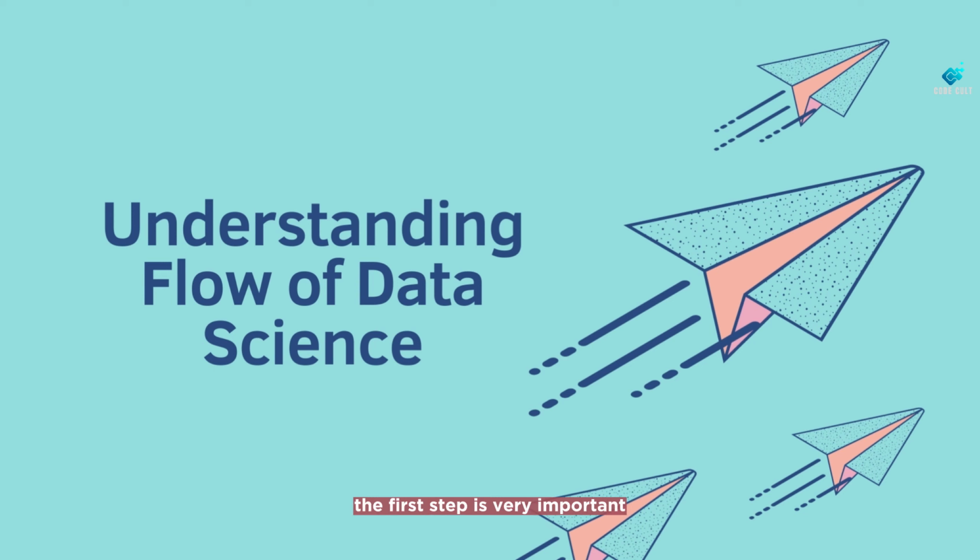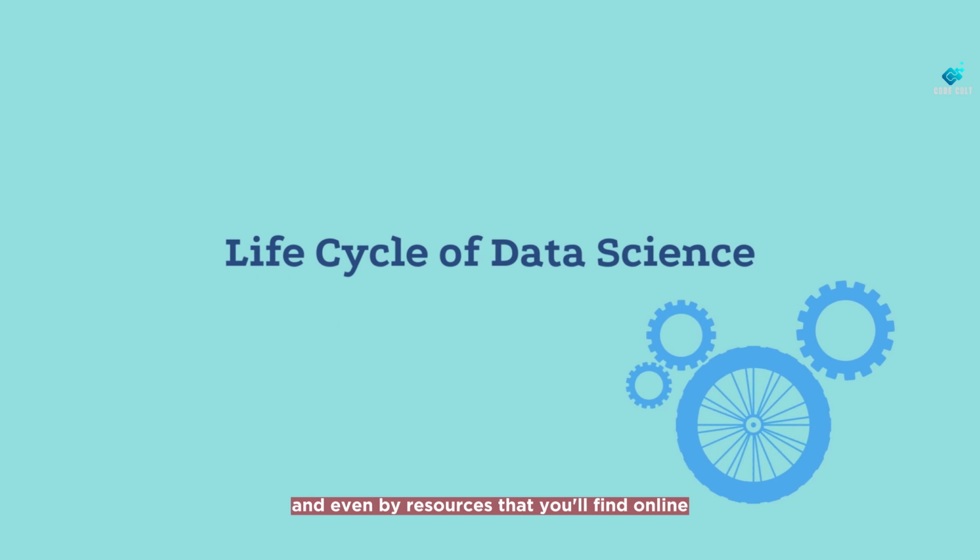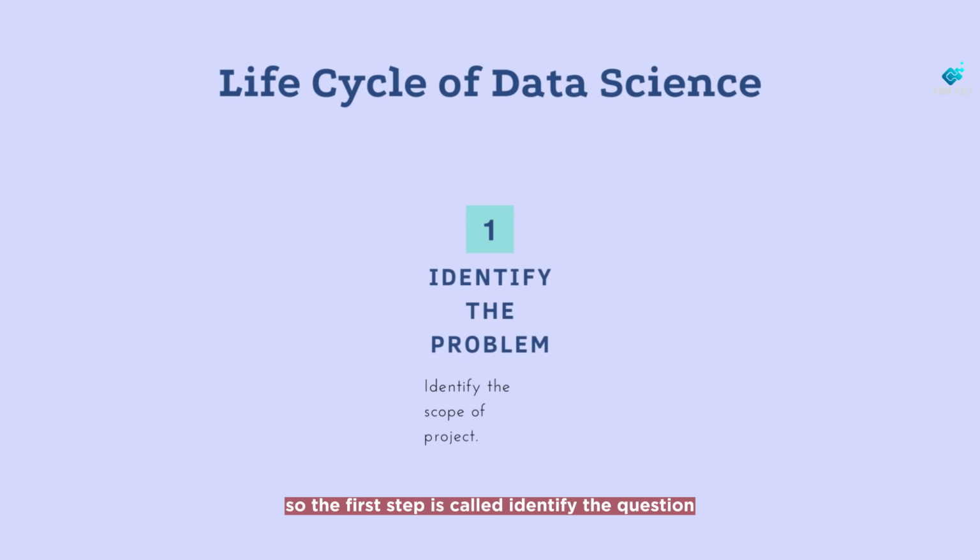The first step is very important, and it's often missed by data scientists and even by resources that you'll find online. They often don't mention it. So the first step is called identify the question. This is the stage where you need to spend some time to consciously go and talk to stakeholders of your project and ask them what exactly do they want from this project?